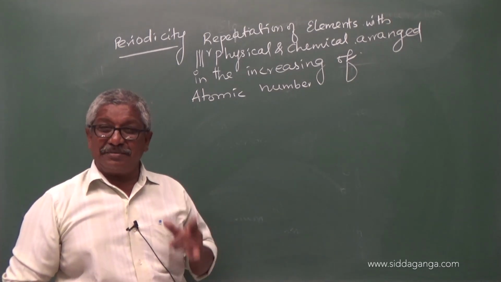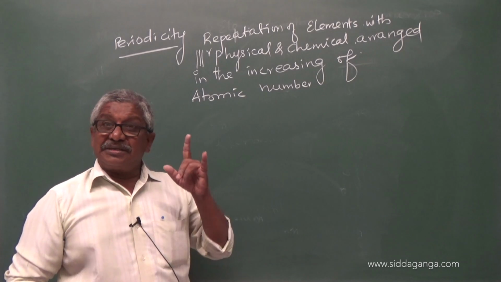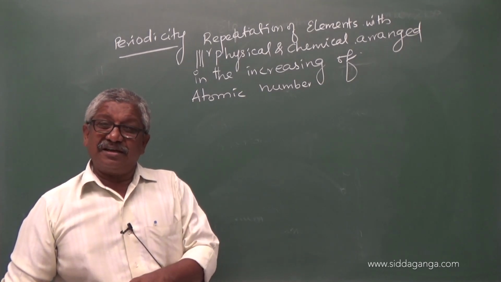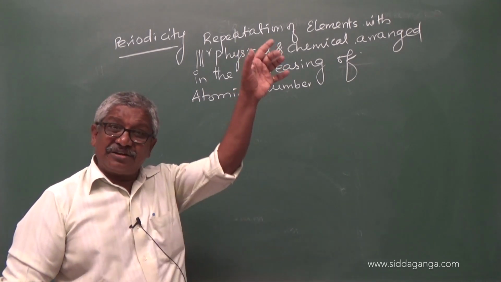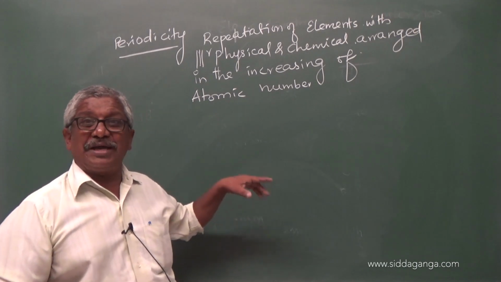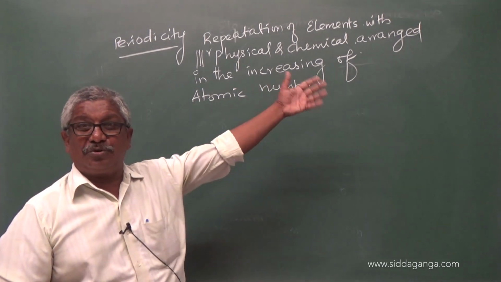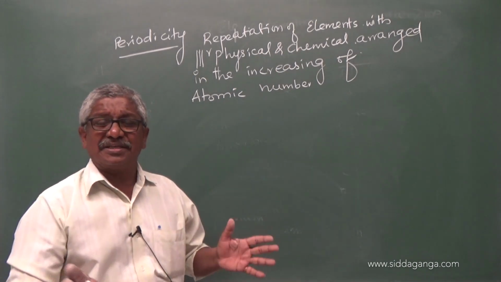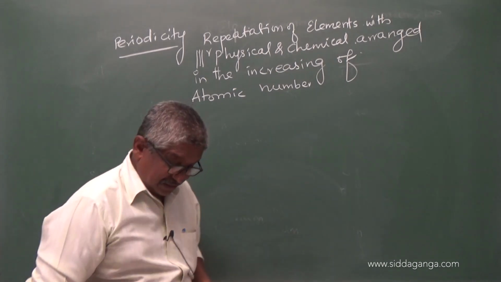On that basis, similar physical and chemical properties are arranged in one group. Like this, the first group will have similar properties, the third group will have similar properties.